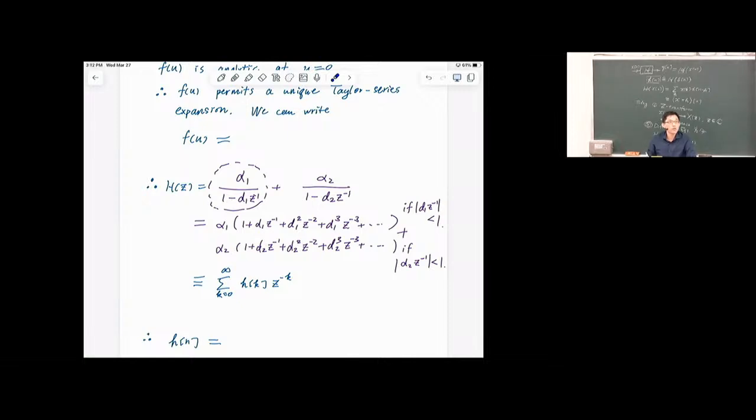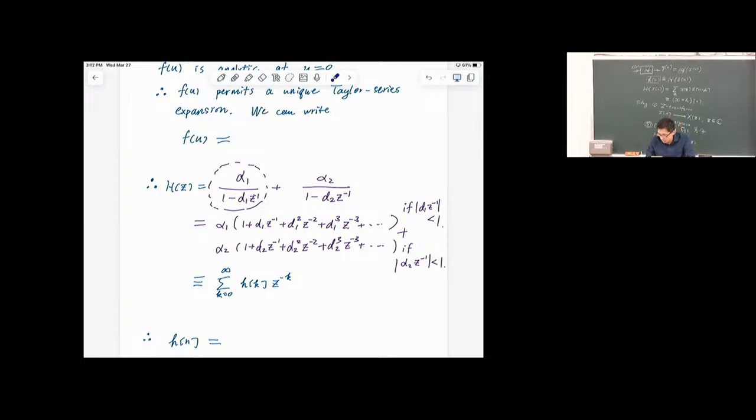This is about the uniqueness of Taylor series expansion. Any complex valued function can have only one unique Taylor series expansion around z equals 0. So when we have two expressions that are equal, every term has to be equal.